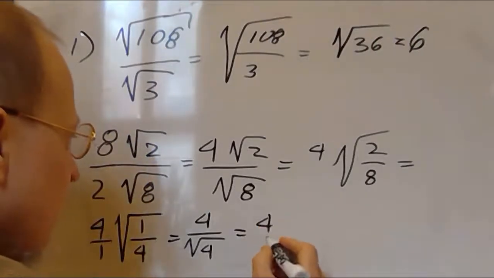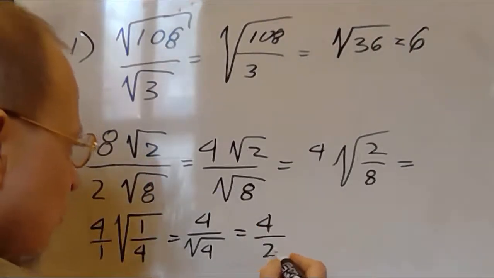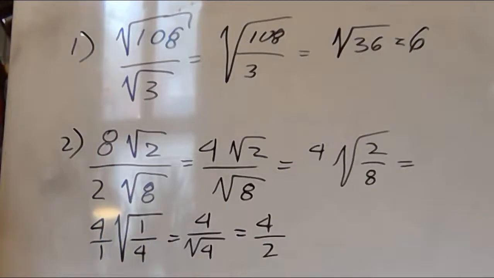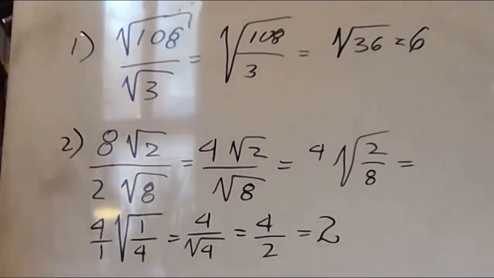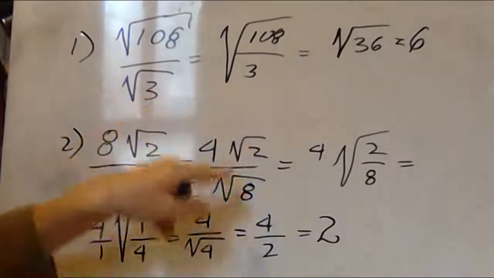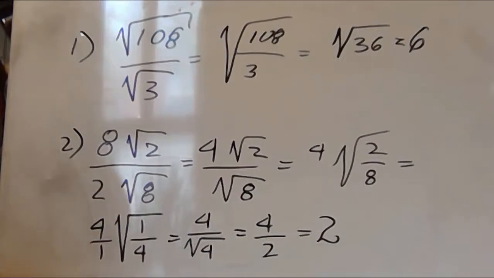And then we make 4 over 2, and then it turns out 4 over 2 is 2. So these are some little tricks that you can use to keep from having radical signs in the denominator.